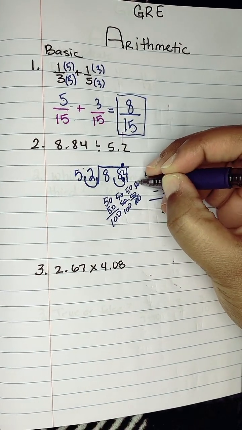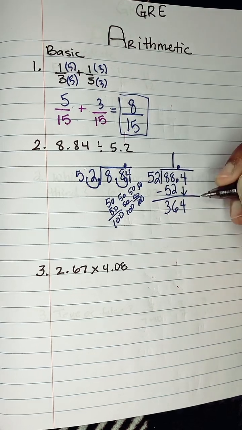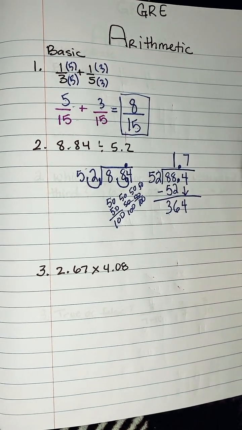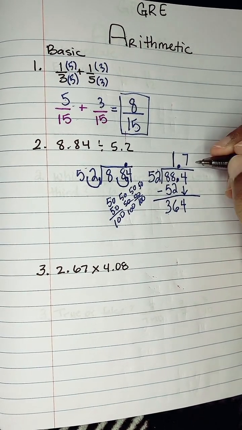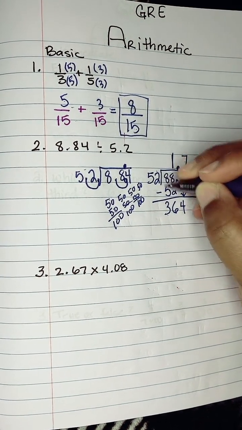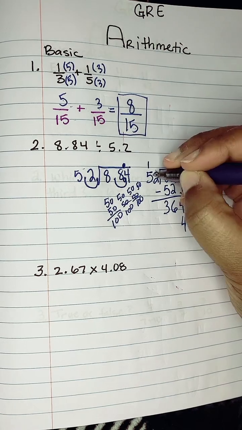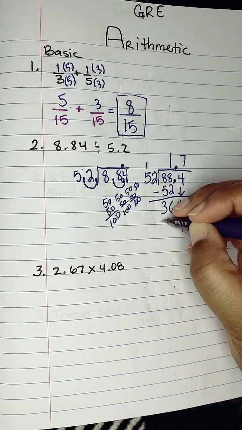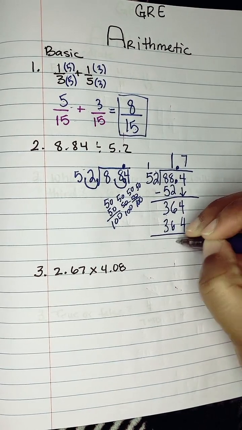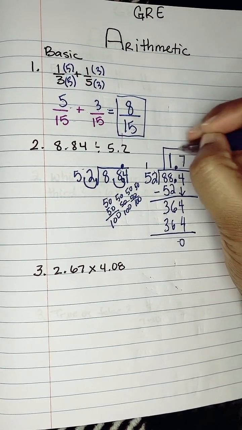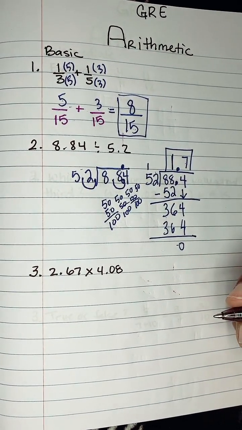So if we do another 50, because another 50 can fit in that 60, so we would have 7. So then we would do 7 times 2 is 14, carry the 1. And then 7 times 5 is 35, plus 1 is 36. Yes. And then our answer would be 1.7.